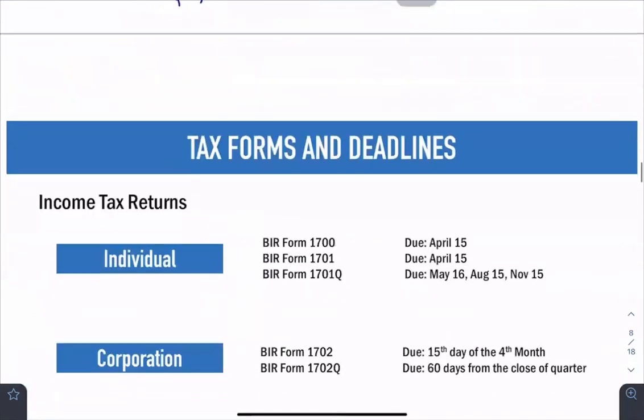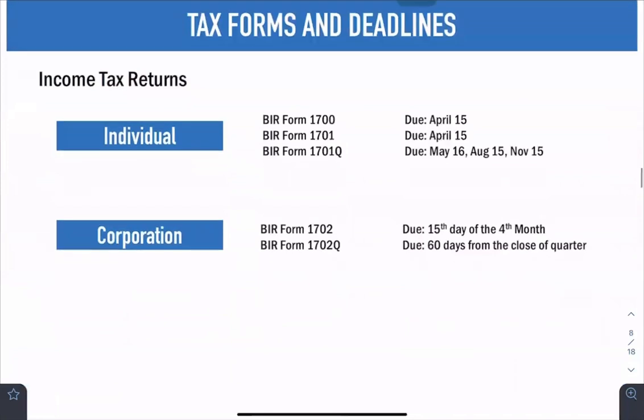So let's go now to your different tax types. Let's start first with your income tax returns. For income tax returns, the different forms and deadlines, we have already covered in our previous topics, especially when we talked about additions to tax. So for individual, we have your BIR Form 1701 and 1701Q. 1701 is for annual and 1701Q is for quarterly.